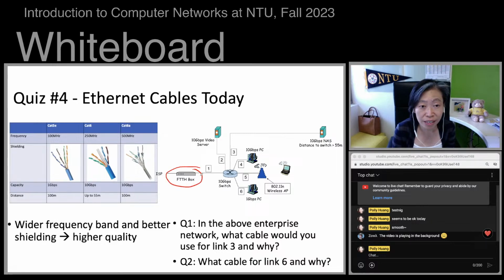We have FTTH, access to the internet. So ISP is internet service provider. Okay, so it's the company you pay a monthly fee to get fiber access. And this is probably your home company or a home office. Okay, and you have a high-speed switch here.